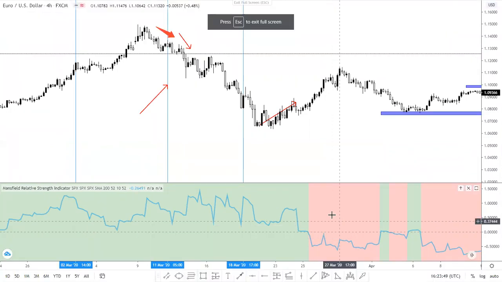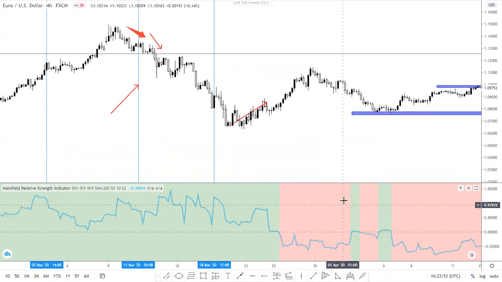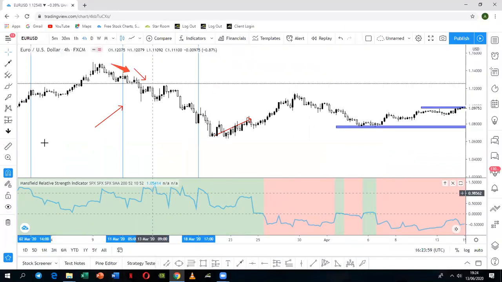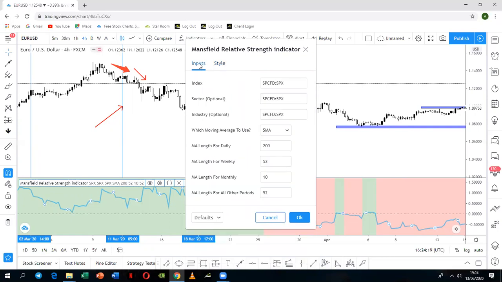So the relative strength indicator shows you, first of all, you need to set it up. Let me see. Inputs.